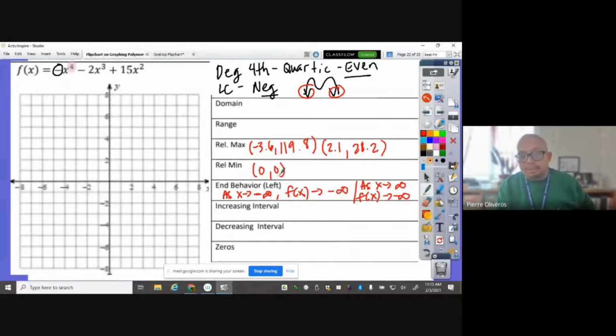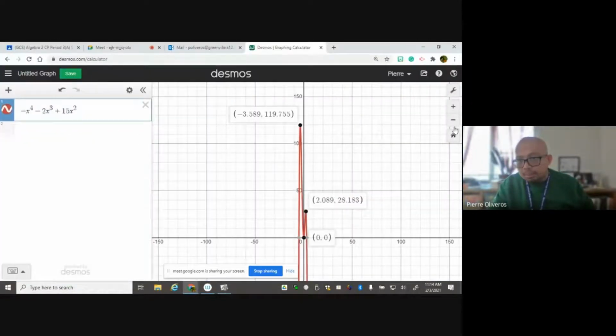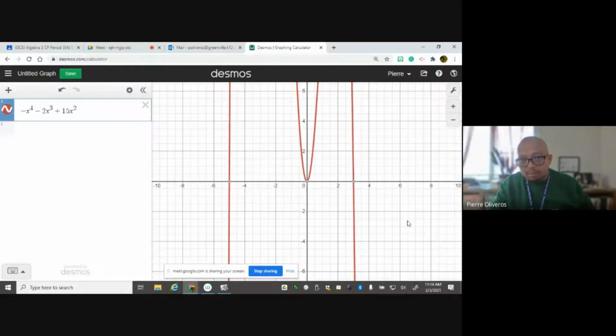Okay, very easy. Let's find the zeros now. Hit the home button. That will bring me back to the standard window. The zeros are the x-intercepts. It's right here, right there, and there. If you notice, at -5, it crosses. At 0, it bounces.